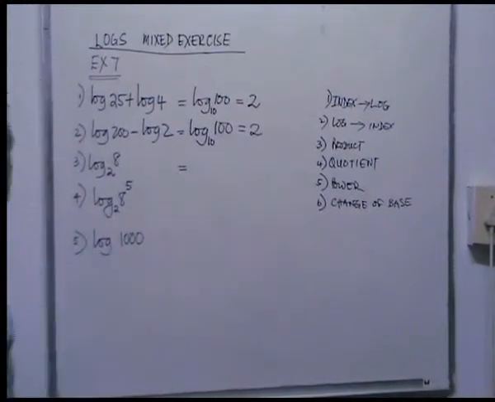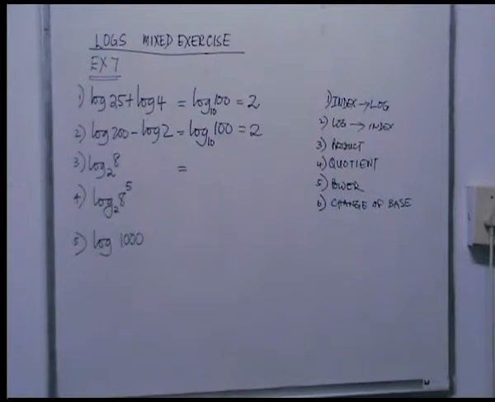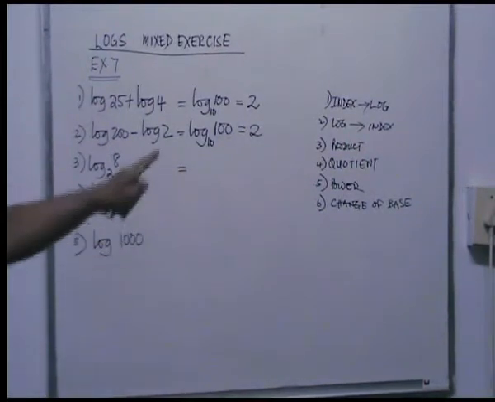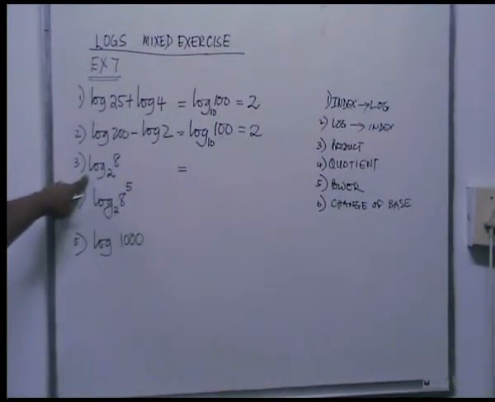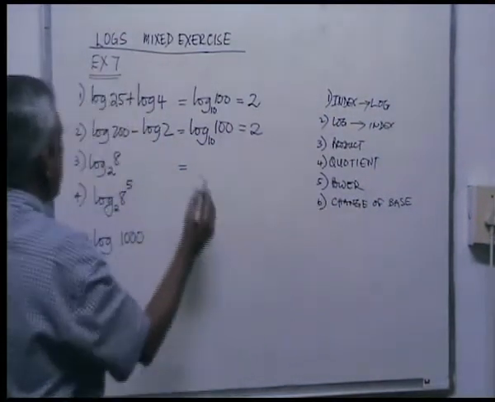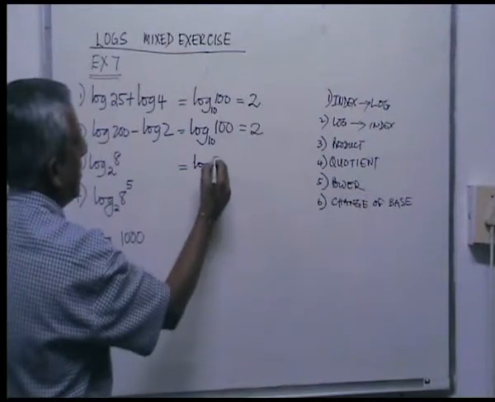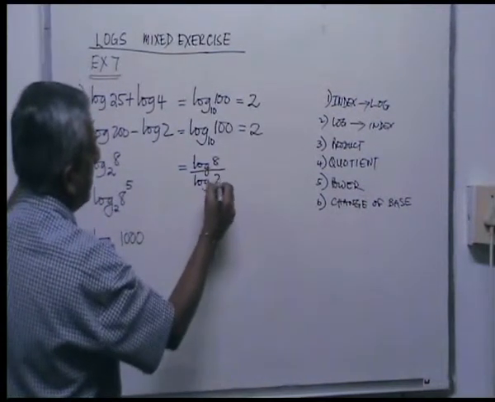Now, number 3. I want to know what's the answer for log of 8 to the base 2. And in this exam, I'm allowed to use the calculator. And I've got those 6 rules to help me. So the best thing I can do here is to change the base. If I change the base on this, in other words, I'm using rule number 6, it will become log of 8 all over log of 2.